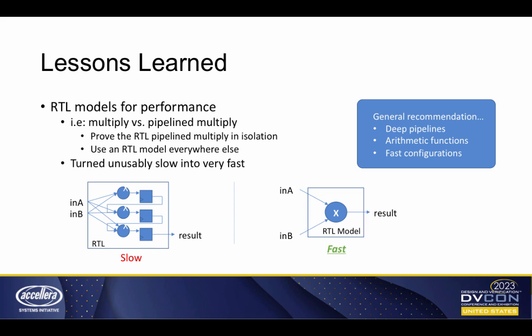So again, just as a general comment here, if there are deep pipelines in your design, it's probably going to be worth looking at opportunities, whether it be modeling or through parameterization, to shorten those pipelines. If you have large arithmetic functions, it might be easy to sub in just easy models.